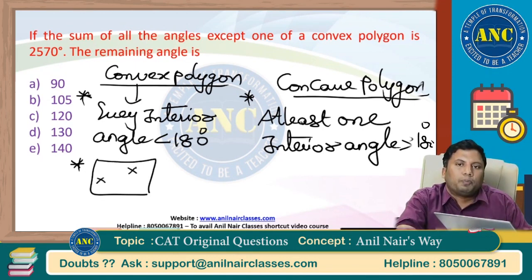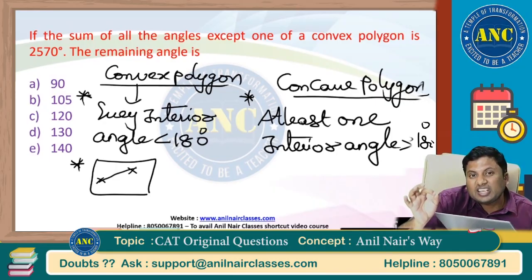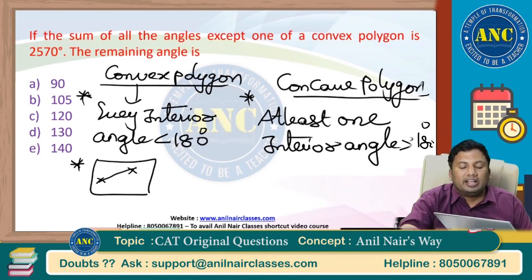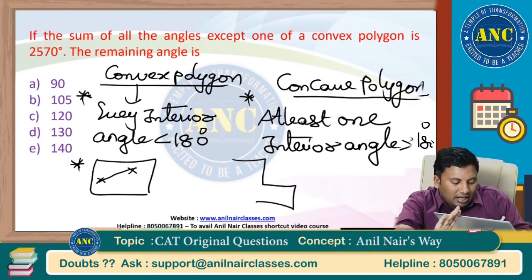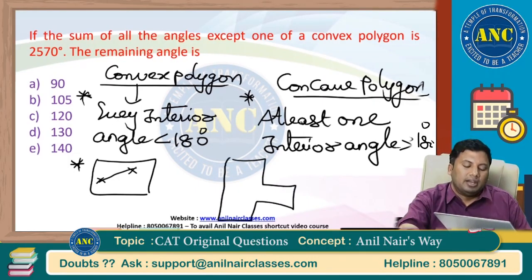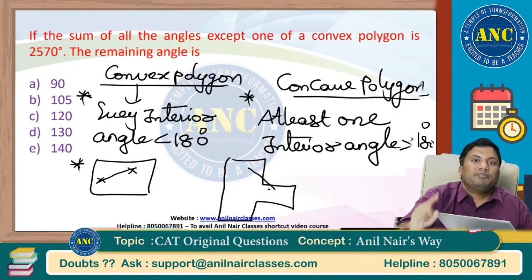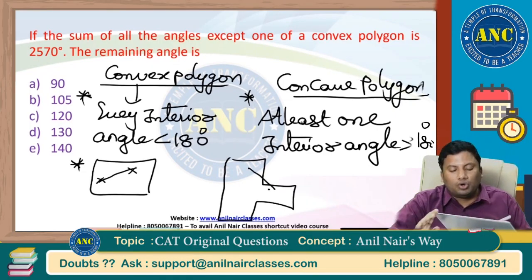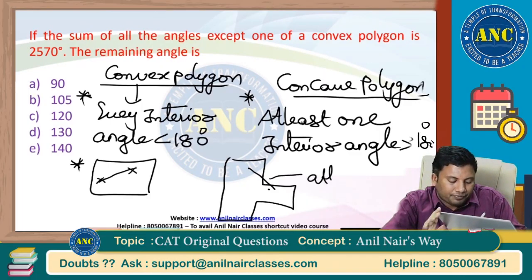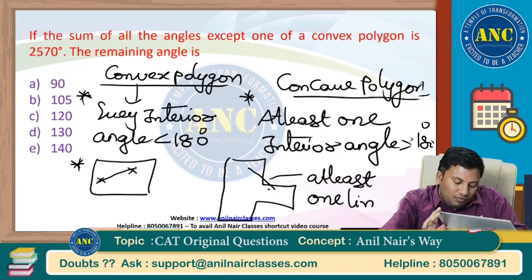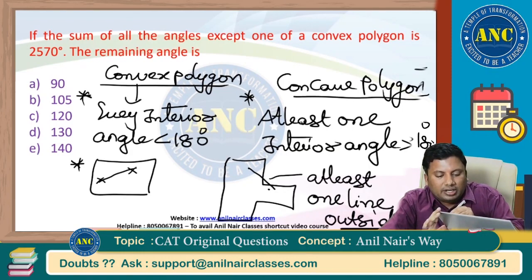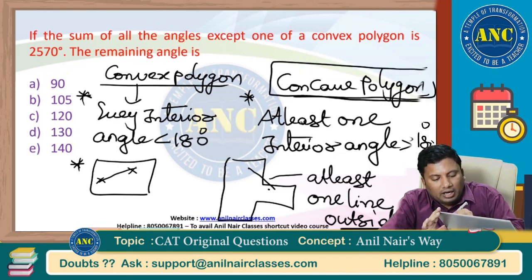Take any 2 points inside the polygon and draw a line. If the line lies completely inside, then it is a convex polygon. If there is at least one line which goes outside the polygon, then the polygon is said to be a concave polygon.